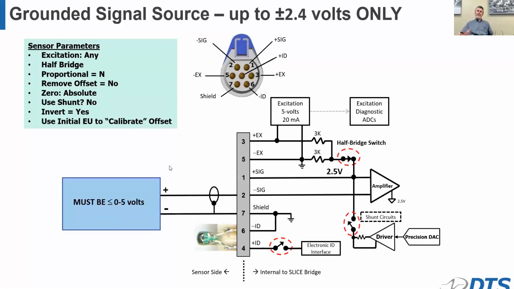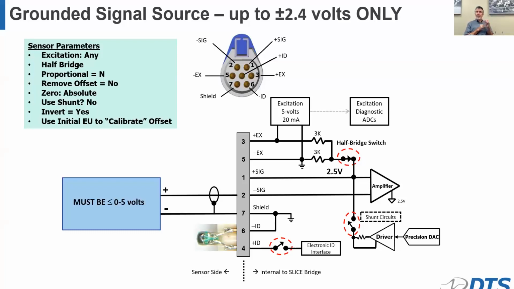What about a grounded signal source? Sometimes we have a box that shares a common ground with the data recorder. In that case, you can simply connect those common grounds together. We recommend using the shield pin connection for that. And then the plus signal output from your grounded signal source actually has to go to the minus signal input, and we turn the half bridge switch on.